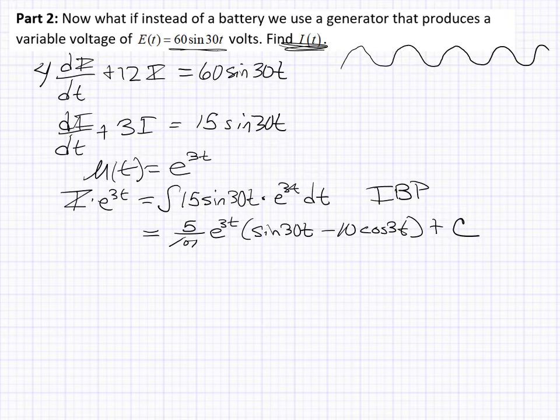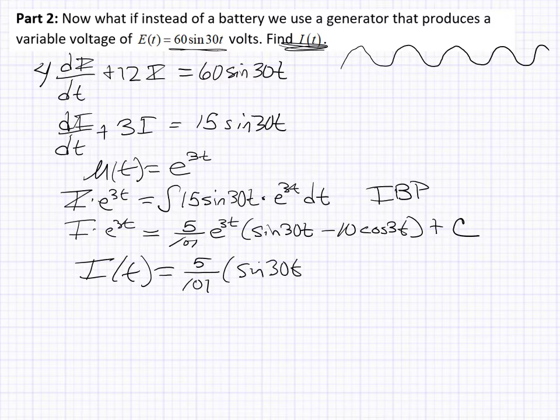We'll divide by the e to the 3t because we still have that over here. And so what we end up with is I of t equals 5 over 101 times sine 30t minus 10 cosine 30t, that should be a 30, plus c e to the negative 3t. Okay?